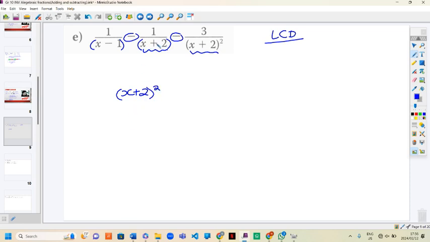Now I can cover up my x plus 2's. I'm done with my x plus 2's, I'm finished with them, so I can cover them up. Is there anything left over in these three denominators? There's an x minus 1 left over. What am I going to do with that x minus 1?